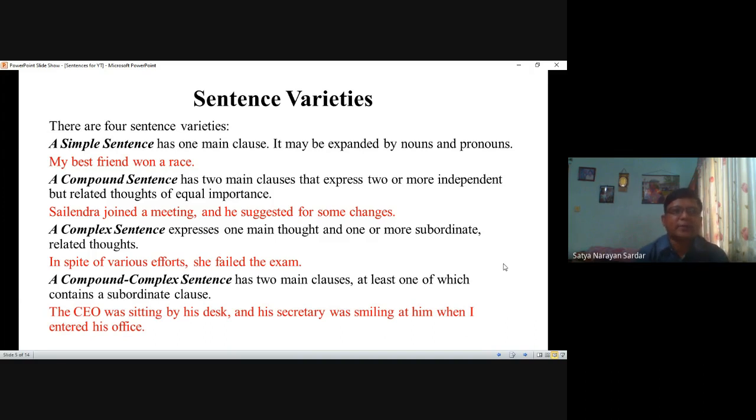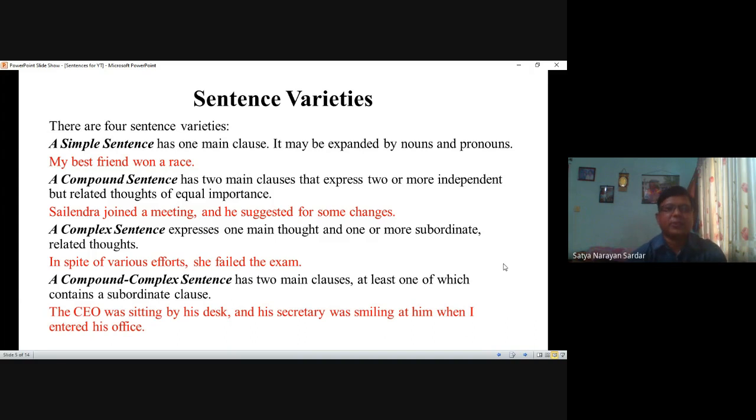The CEO was sitting by his desk and his secretary was smiling at him when I entered his office. Two main clauses. The CEO was sitting by his desk, one main clause, and his secretary was smiling at him, another independent clause.